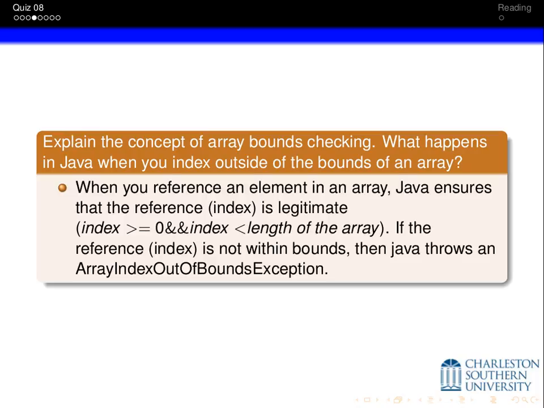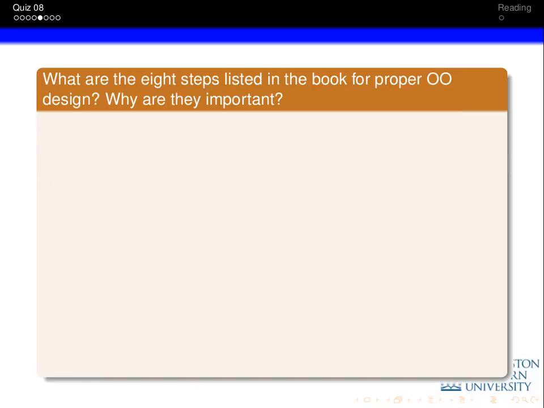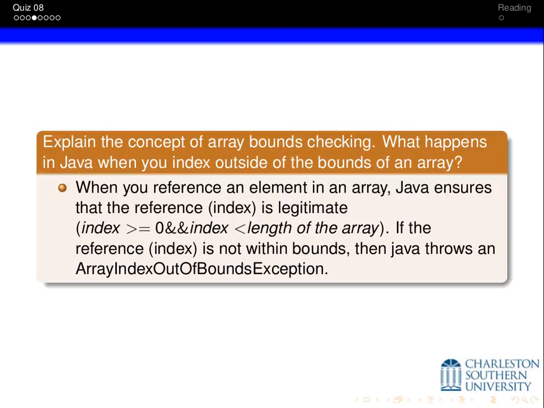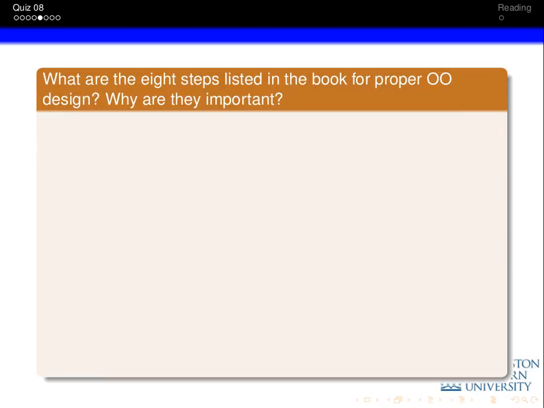Whatever happens happens. But specifically, Java will stop you, which is great. When you reference an element in an array, Java ensures that reference is actually legitimate by checking that its index is at least 0 and strictly less than the length of the array. If it's not within the bounds, Java will throw an array out of bounds exception and stop your program. Hopefully you see that's nice of Java, because it tells you when there's an error.